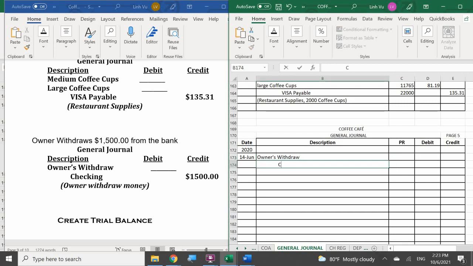The owner's equity account is 32,000. And how much did we write? 1,500. He took it just like that. He owns the company, so he can do whatever he wants.